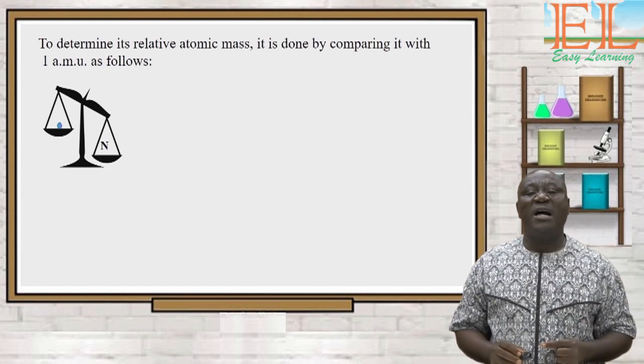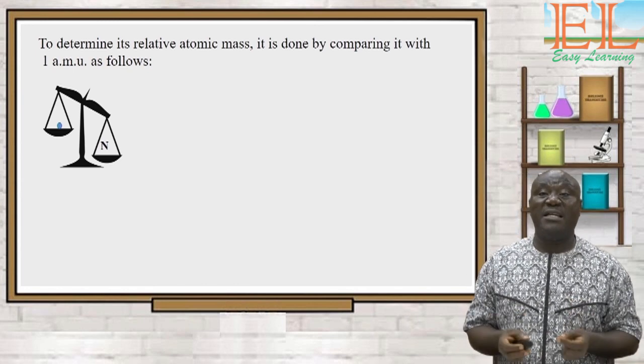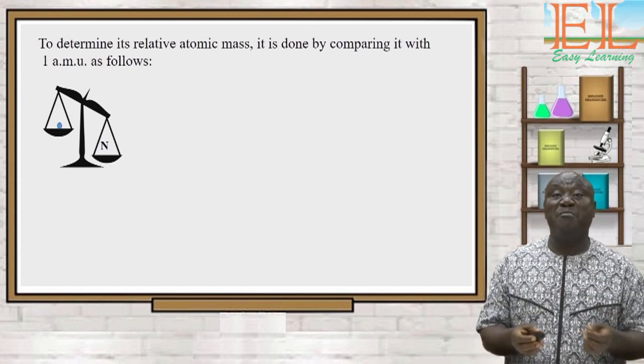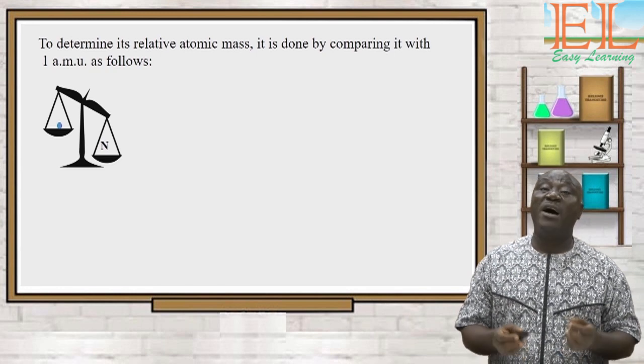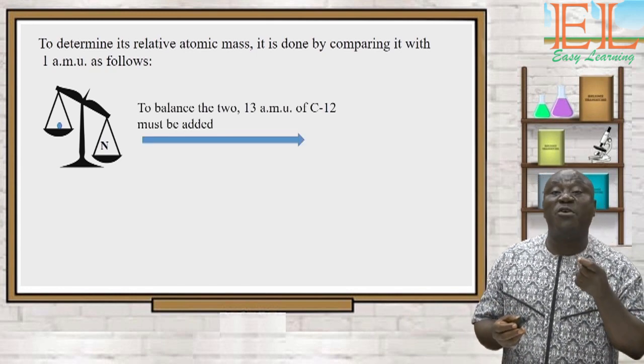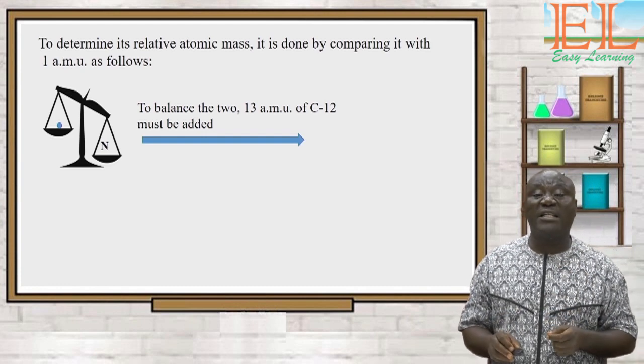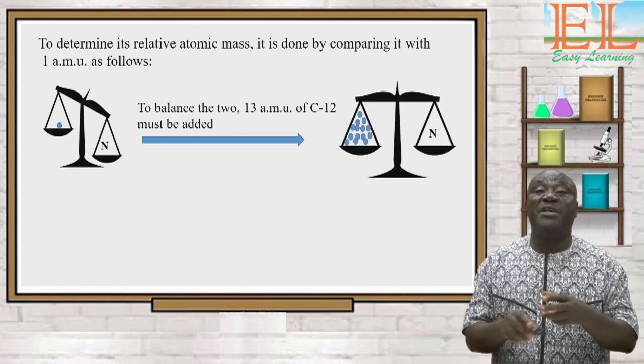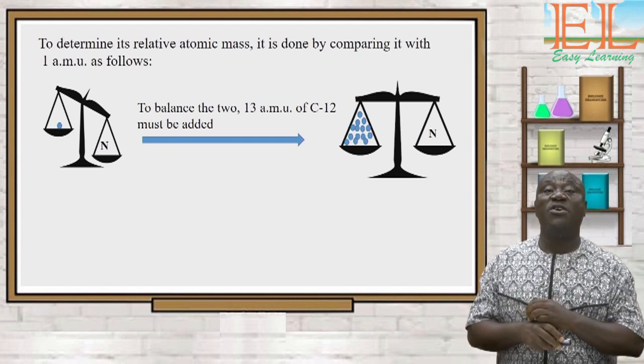So, how can I make the scale on your screen balance? I'll have to add 13 atomic mass units of carbon-12 to it, so that an equilibrium can be established, as you can see on your screen.